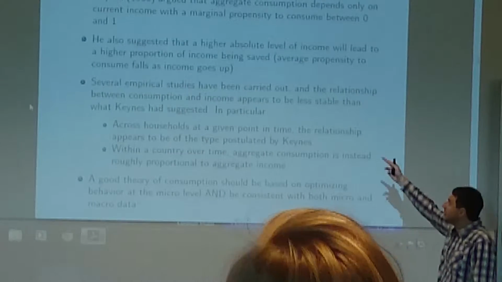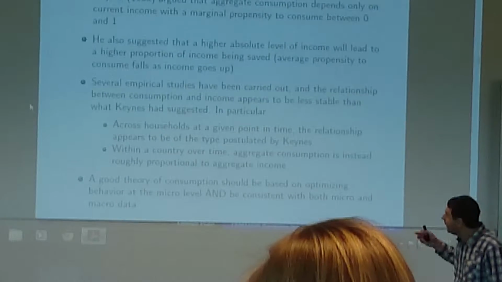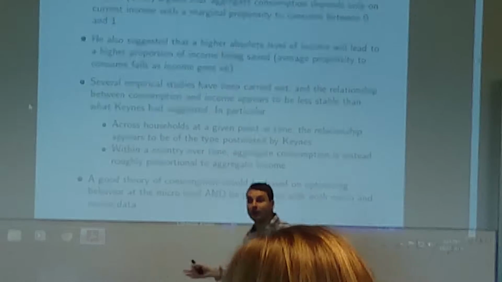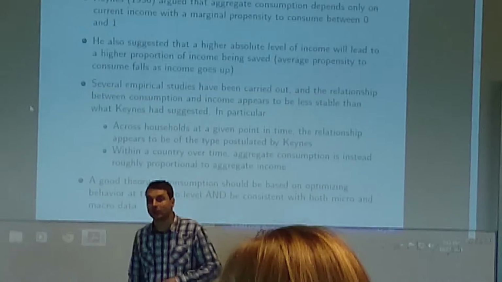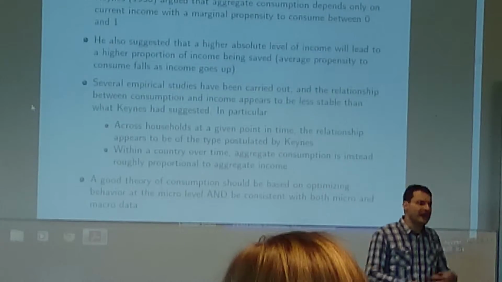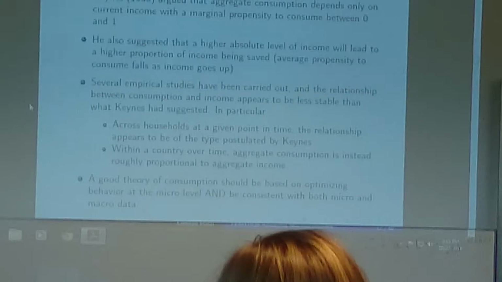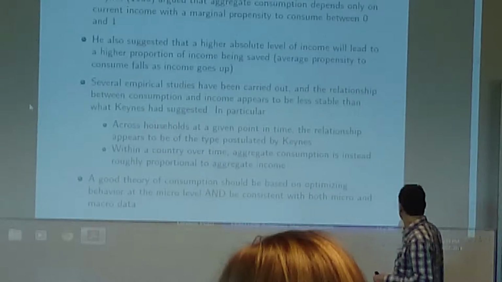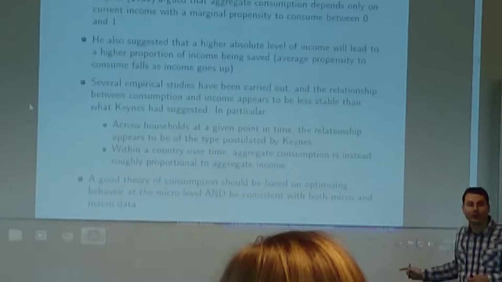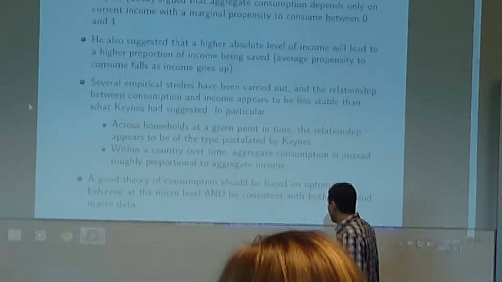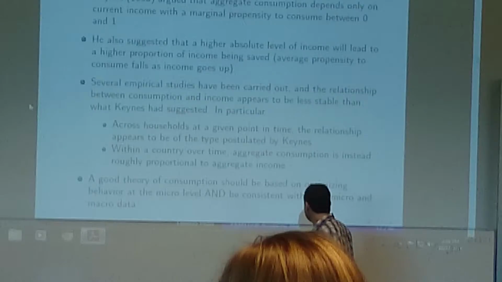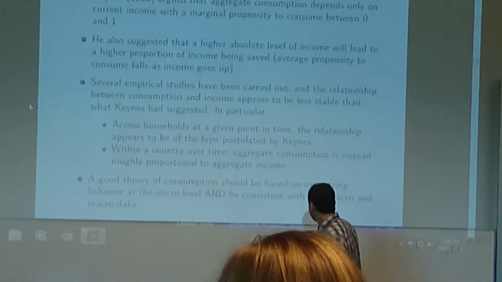Another observation from Keynes was that if people get richer, or if they have a higher income, they will consume an ever lower fraction of their income. They will save an ever higher fraction of their income. So besides this consumption function, another observation made by Keynes was that as people earn more, the fraction of their income that they consume tends to fall.